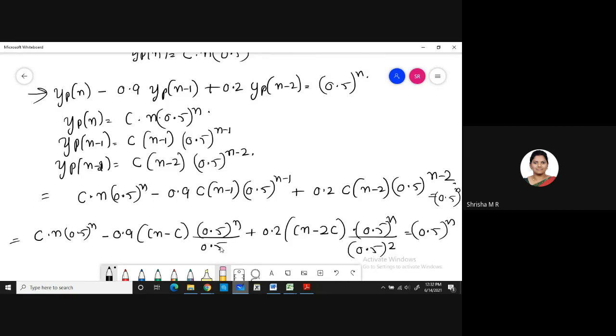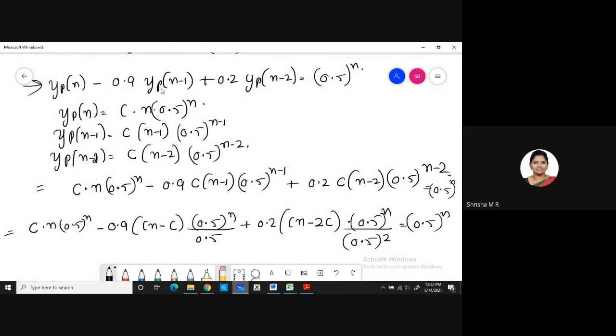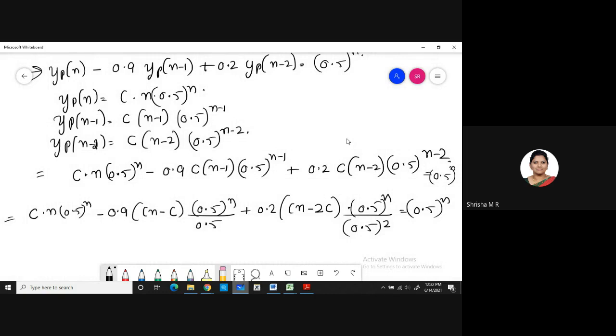Understood this step, everyone? I have substituted yp of n minus 1 and yp of n minus 2, and I'm trying to get common terms 0.5 to the power of n on both LHS and RHS so that they will cancel. Okay? Clear?